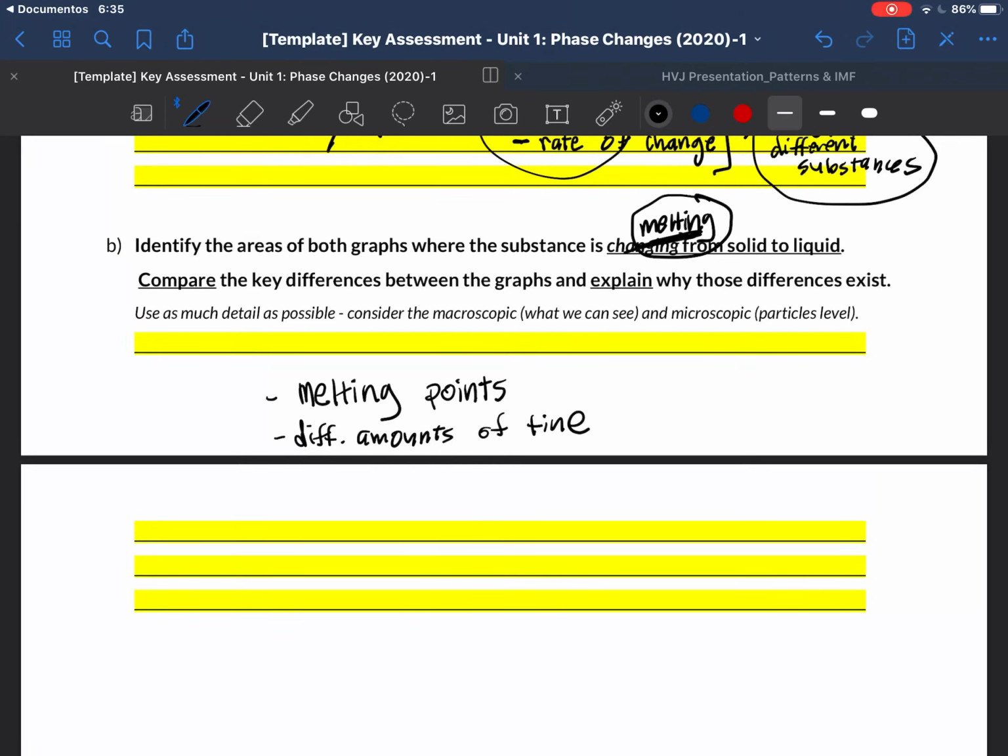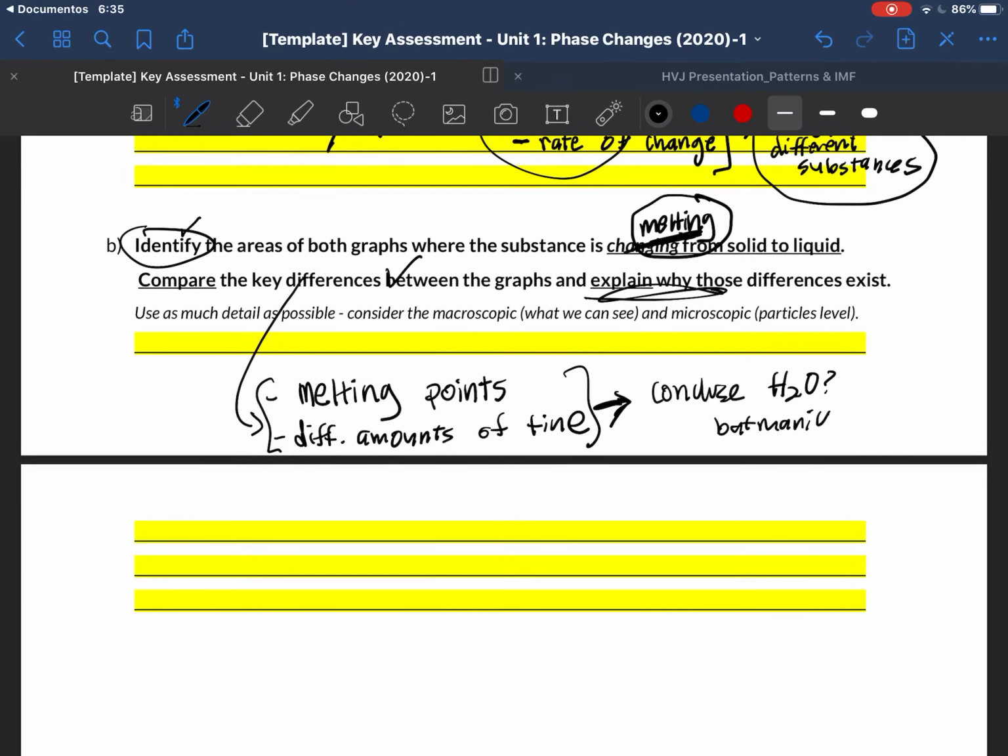And so again, identifying the areas of the graphs was important. Many of you did that. Some of you did not do this first step. Comparing the graphs, likely these were the areas of comparison, and then explaining. So based on these differences, what can you conclude about water and about batmanium?